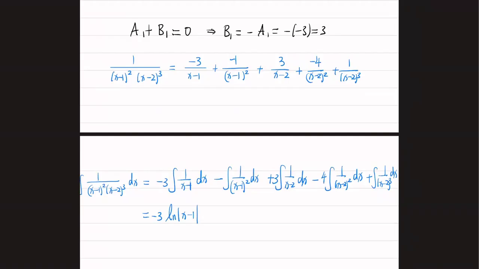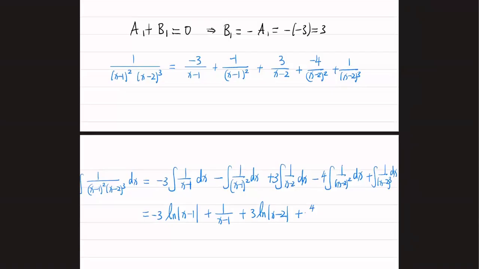Second one is minus will be plus. Third one, logarithm. Fourth one, again, plus. This one will be half. And with constant.